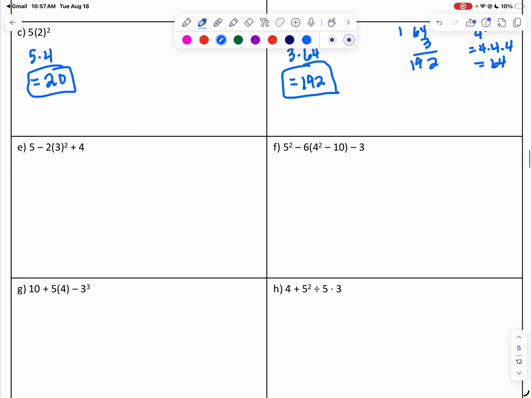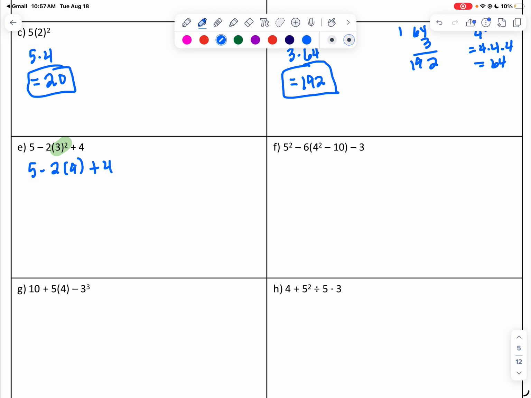All right. Problem E. 5 minus 2 times 3 squared plus 4. So we want to do our exponentiation first. 3 squared is equal to 9. So this would be 5 minus 2 times 9 plus 4. So now we have subtraction, multiplication, and addition.